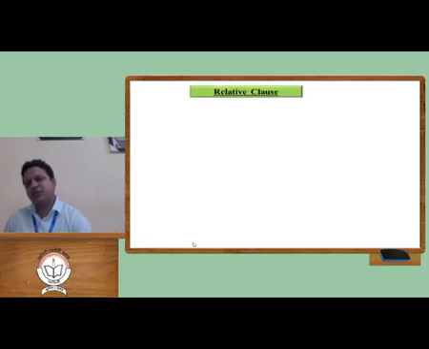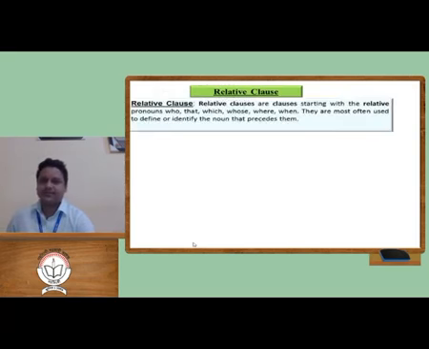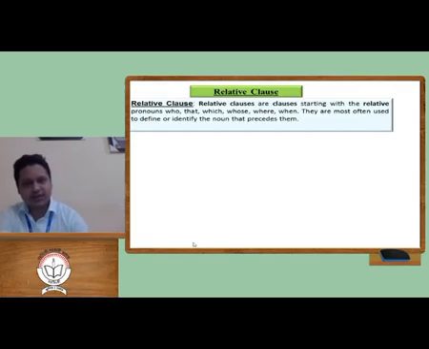Students, now we will learn about the relative clause. What is a relative clause? You will find the uses of the relative clause as a post modifier.